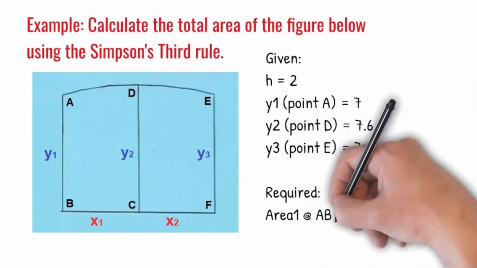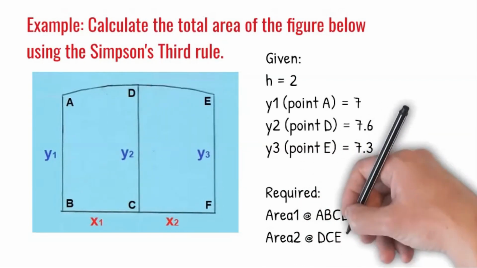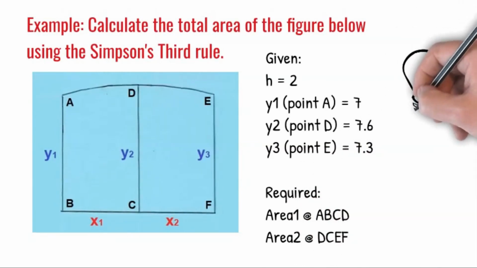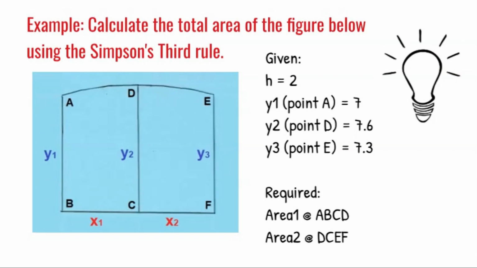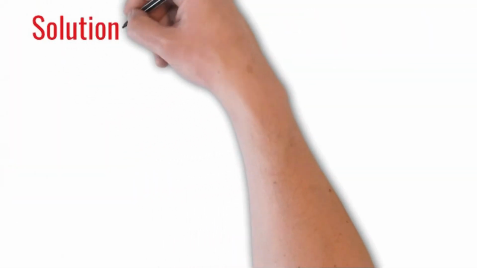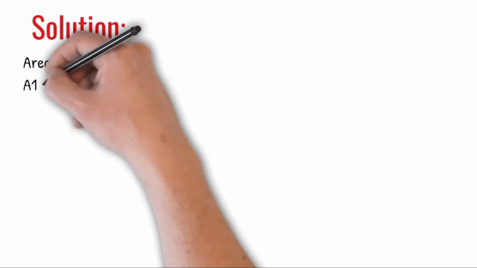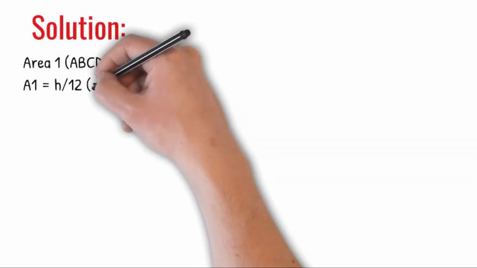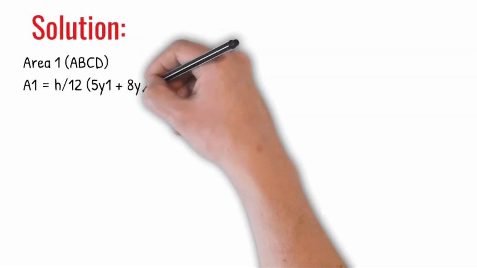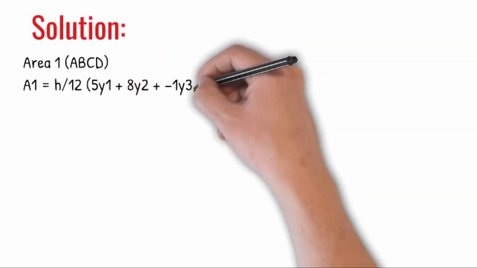Required: Area 1 at ABCD and Area 2 at DCF. Solution: for Area 1, ABCD, Area 1 equals height over 12 times the algebraic sum of 5 times y1 plus 8 times y2 plus negative 1 times y3.